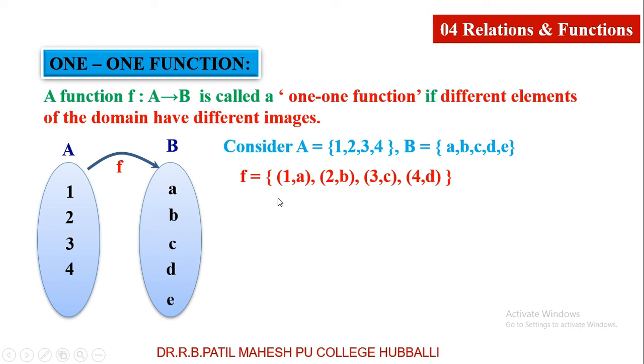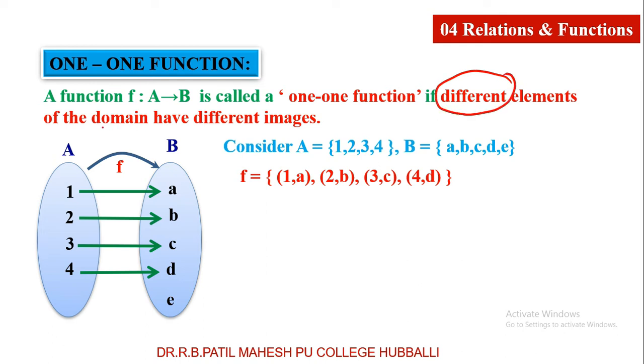Now according to F, 1 is related to a, 2 is related to b, 3 is related to c and 4 is related to d. Dear students, definition of 1-1 function: different elements of the domain. What is the domain? This A is the domain.